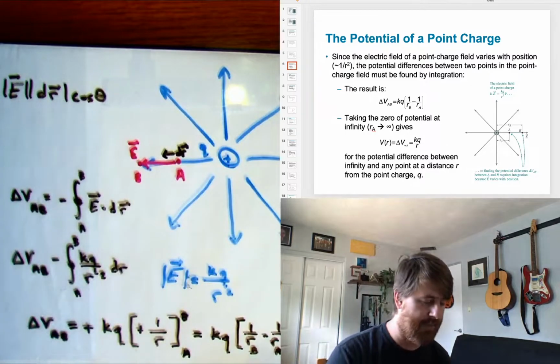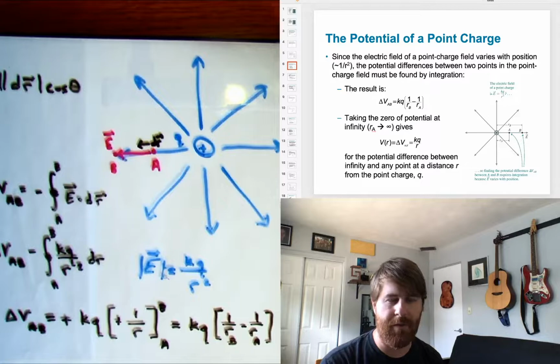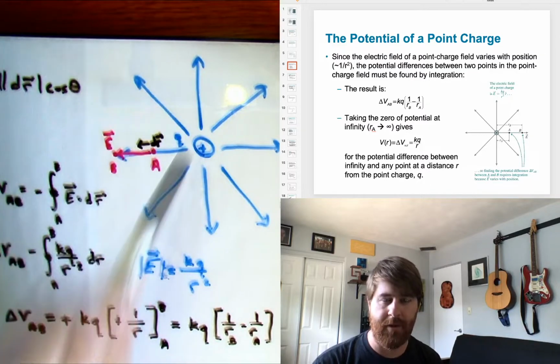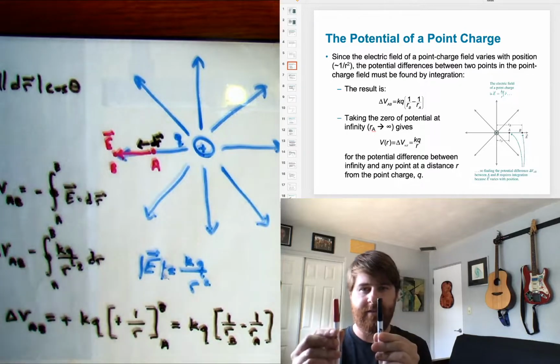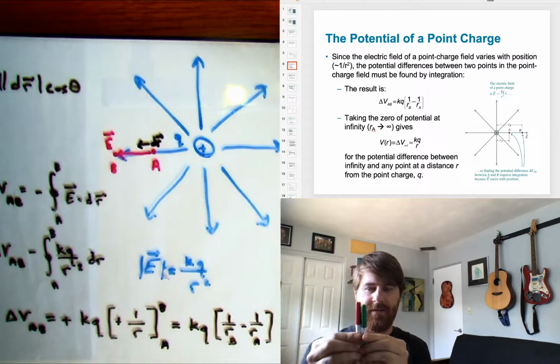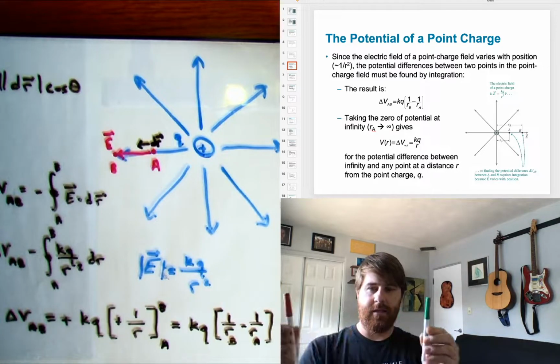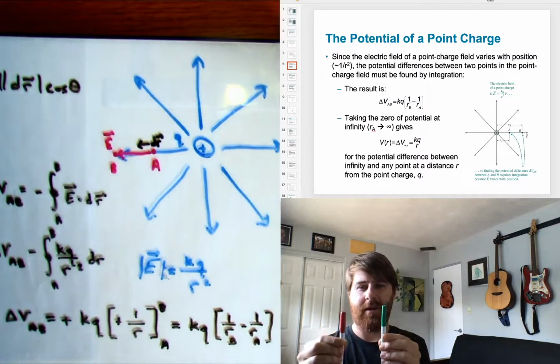Okay, what do you think should happen here? Should the change in potential be positive or negative if we moved away from the point charge here? If I take two charges of like sign and I put them next to each other, then the electric force is pushing them away from each other, right? Like charges repel.